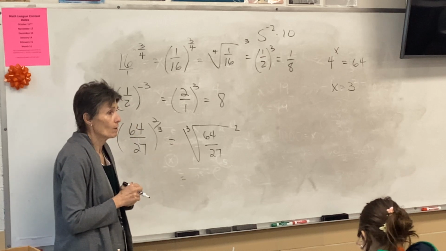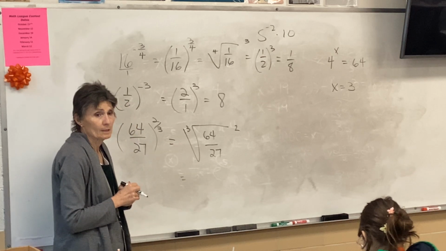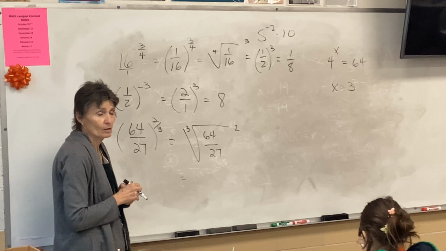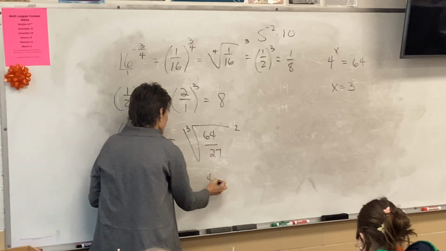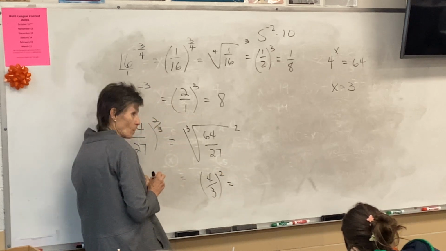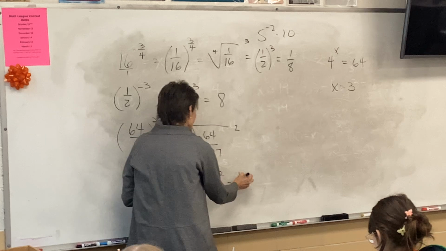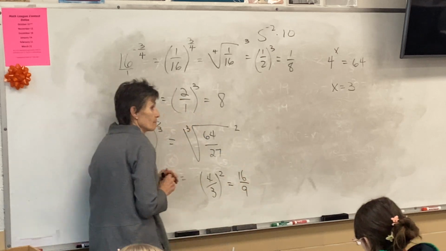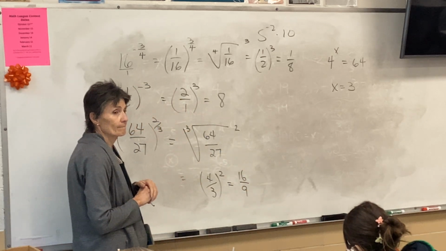Cube root of 64, 4. Cube root of 27, 3. So I have 4/3. But then I still have to square it. So 16 over 9. Okay.